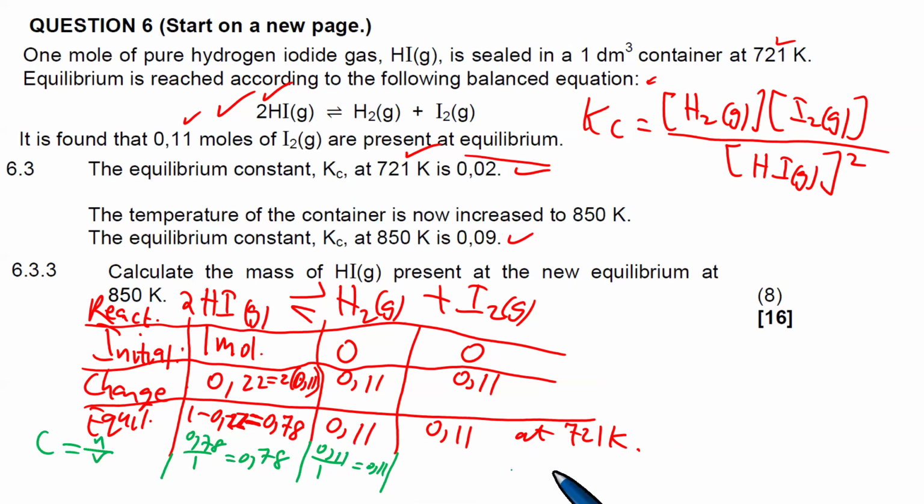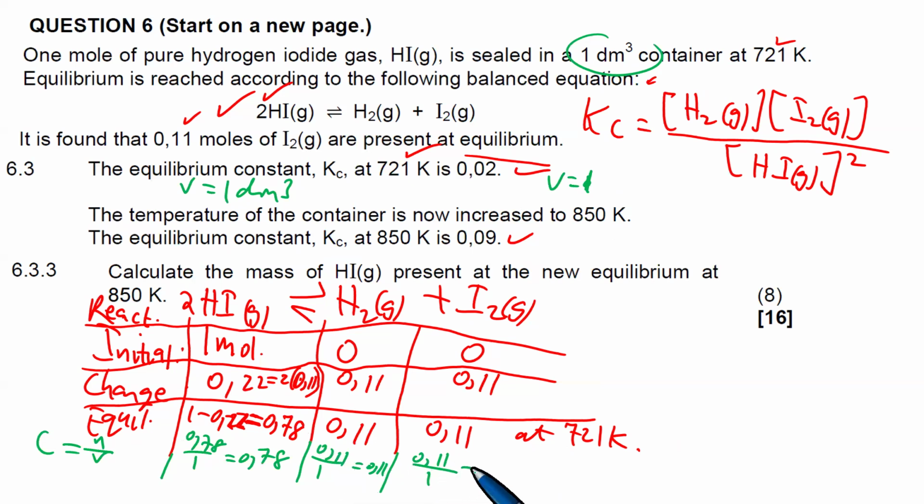It's 721 Kelvin. And also here you'd have 0.11 divided by 1, because concentration equals number of moles over volume, but the volume is 1 cubic decimeter, and we divide the number of moles by the volume of 1.